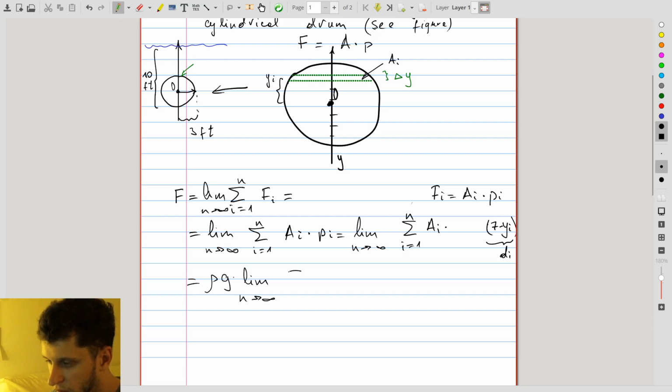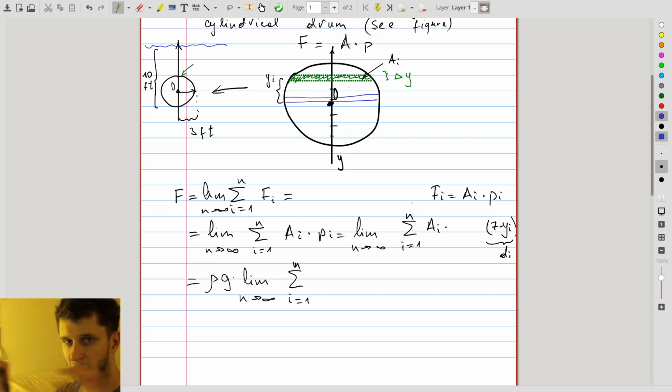Now, about Ai. So Ai is also dependent on yi. What is Ai, first of all? Right. Ai is the area of the strip that has vertical coordinate yi. So it's this area over here. Right? So now this area depends on y, because if I were to look at the strip over here, this strip is longer.